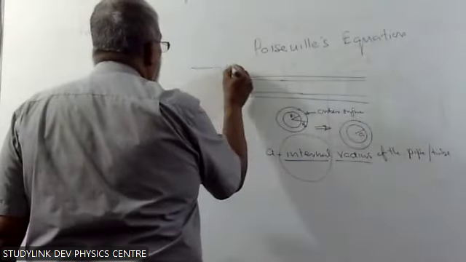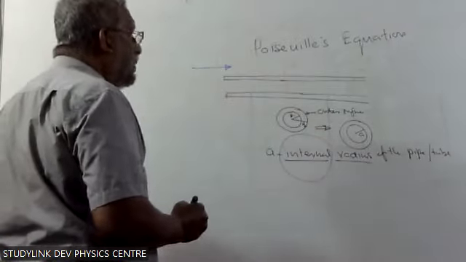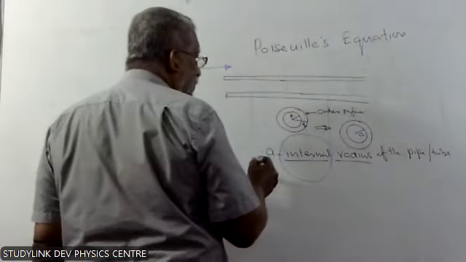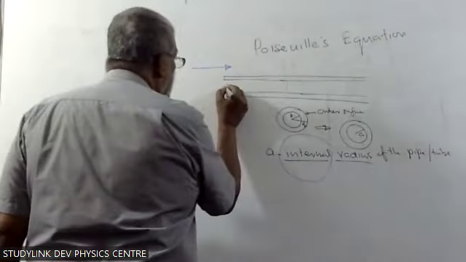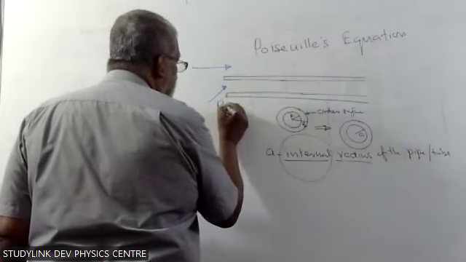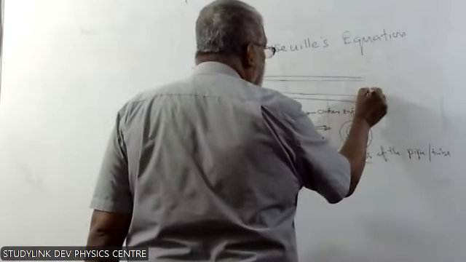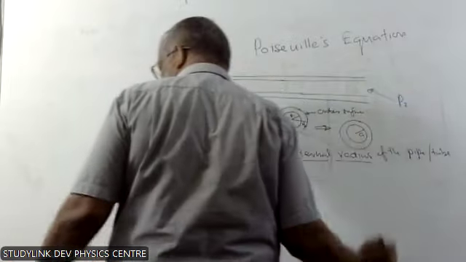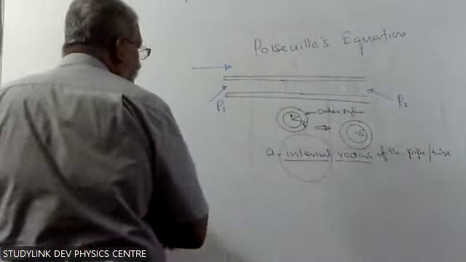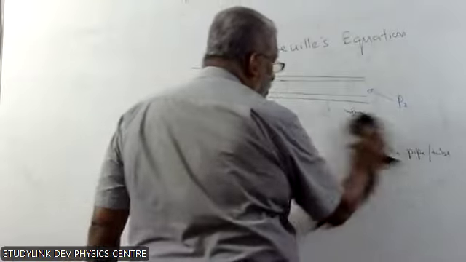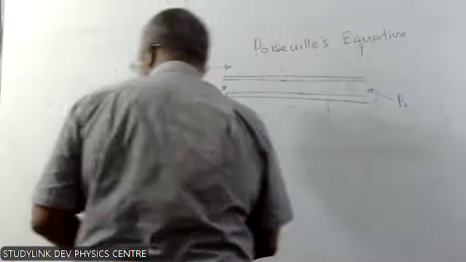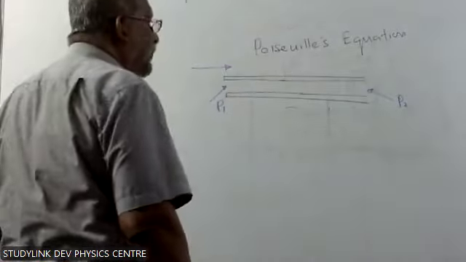In the previous part, the first one, I said it always flows from higher pressure to lower pressure. Here it is P1, here it is P2. Then it flows from higher pressure to lower pressure. Then there is a pressure difference.